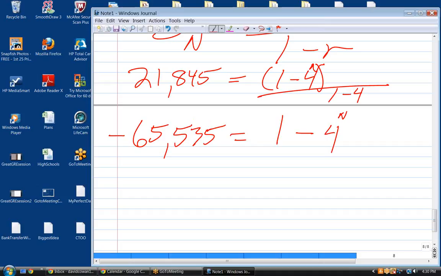Subtract 1 from both sides. Divide both sides by minus 1 because this n does not act on that negative sign, just the 4. So I can do that. And now I have 4 to what power equals that? Well, how do I solve that equation?